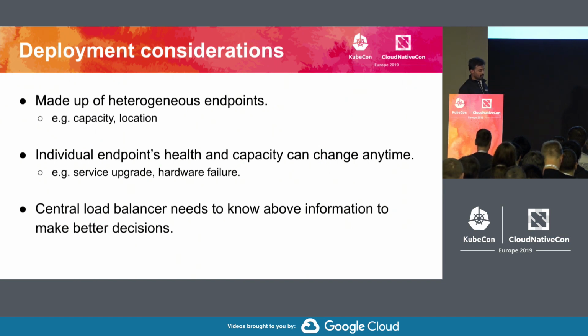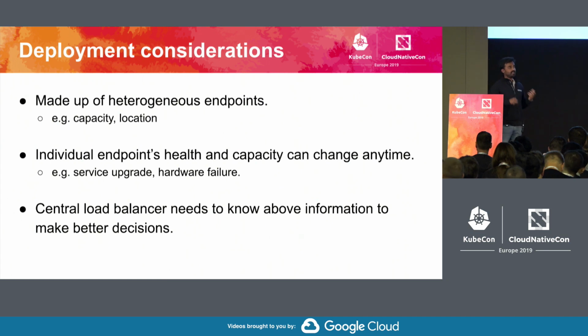Also in terms of location, an endpoint could be in a geographically different location than a client, or endpoints can be globally distributed. They are heterogeneous to the point where a request made from a client will have a different behavior when you reach out to different endpoints.